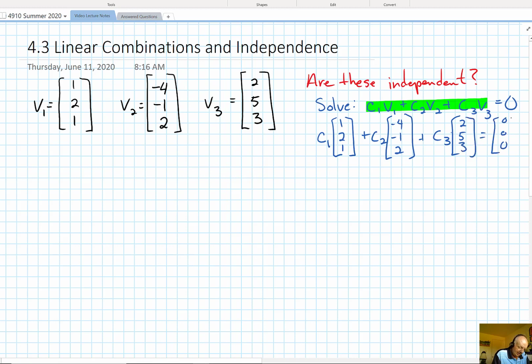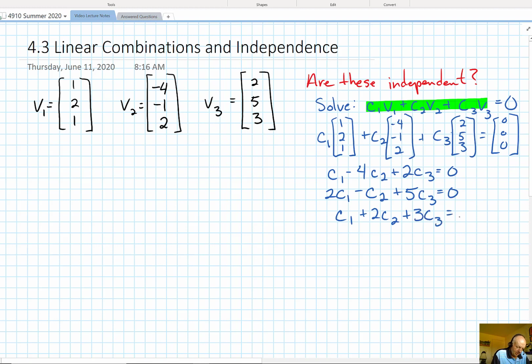And of course that leads to this system, which leads to this augmented matrix.